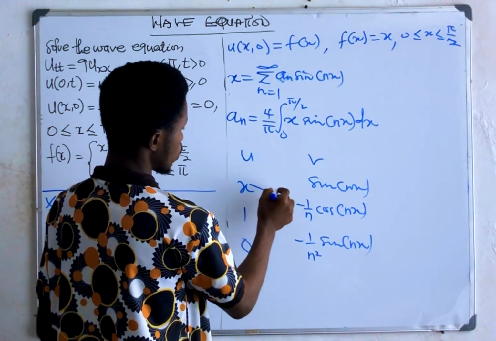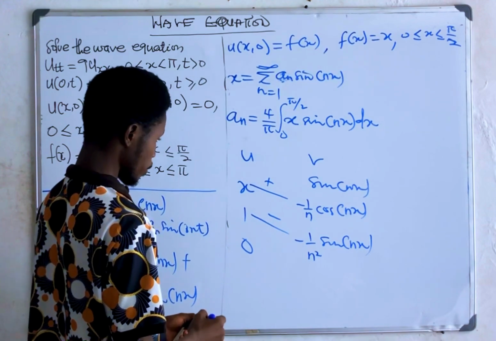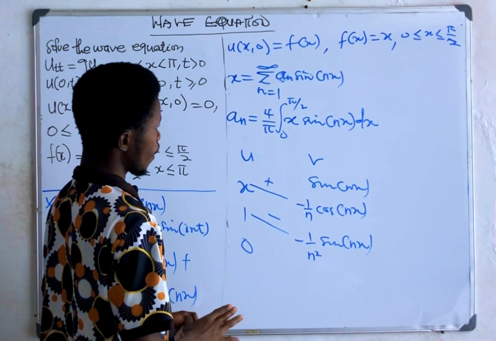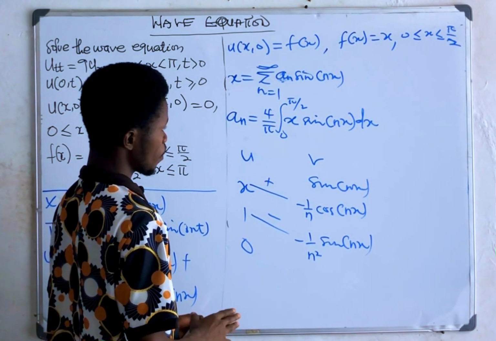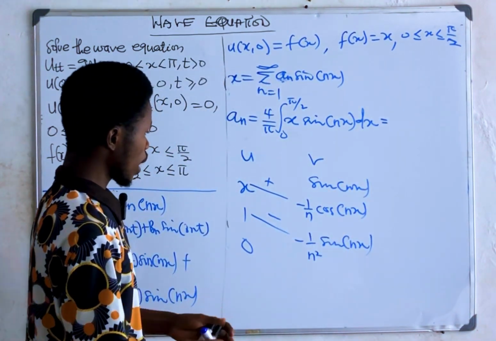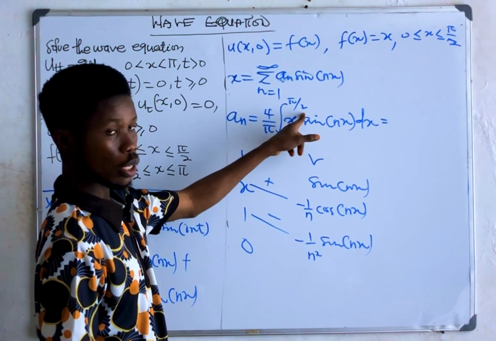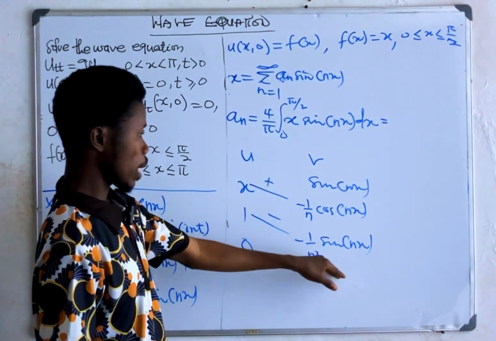So now this one will go here. This one goes here, plus minus. So you see how I'm going to write this. For this one, I am not going to ignore anything because of the limit. It's 0 to pi on 2. It's not just pi. If there was pi, sine would be 0.